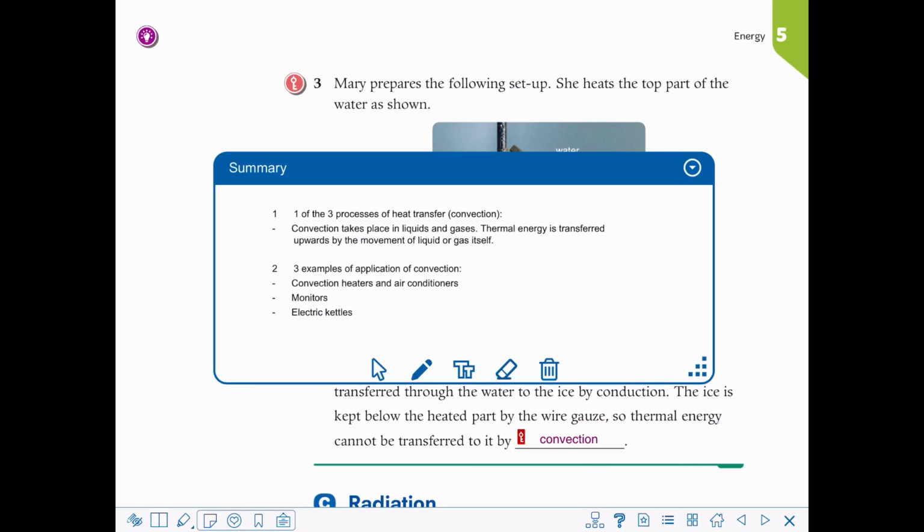Three examples of application of convection: convection heaters and air conditioners, monitors, electric kettles. For homework in this lesson, please do workbook page 42, question 3.